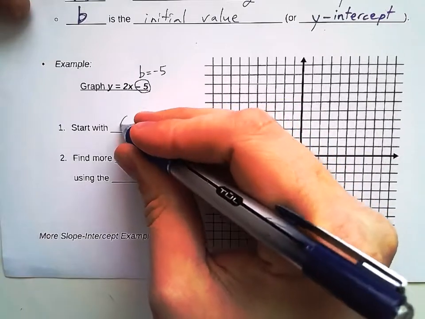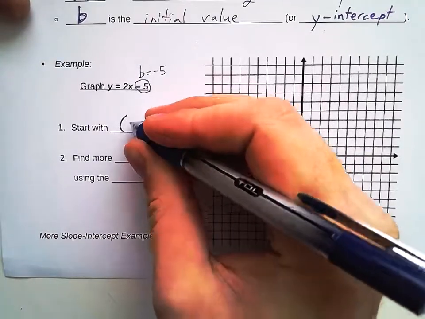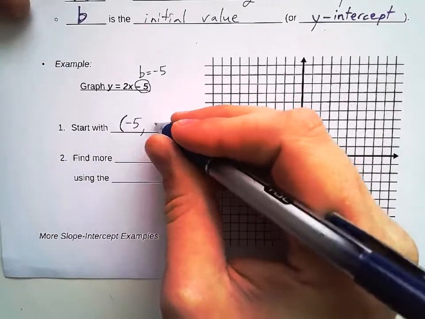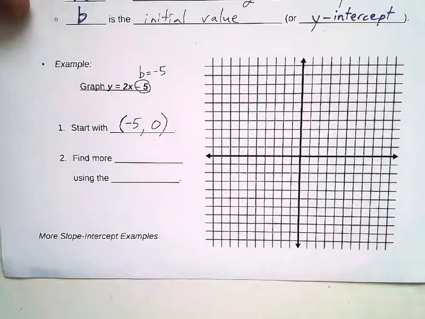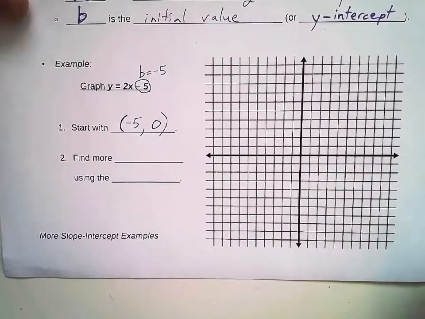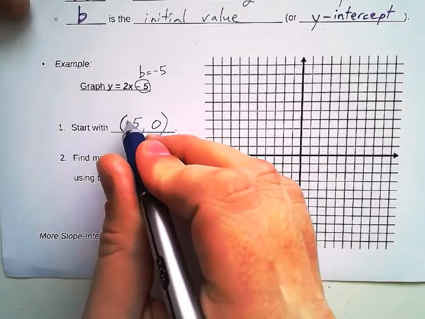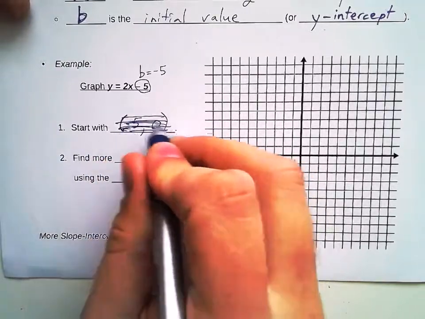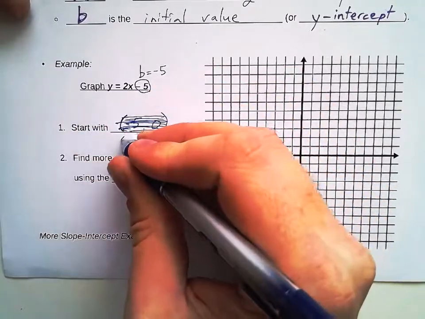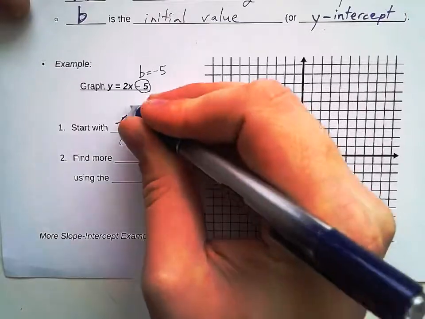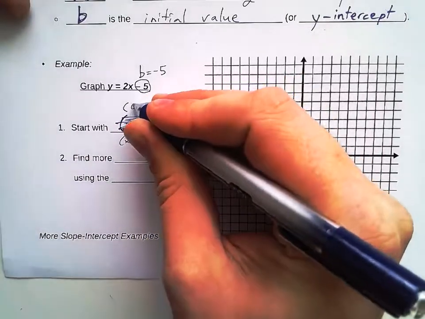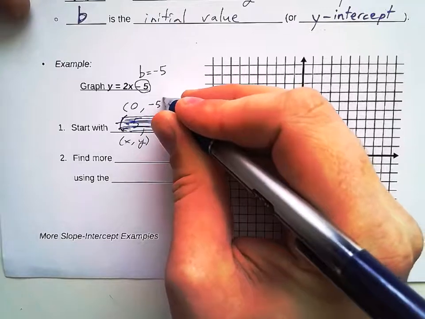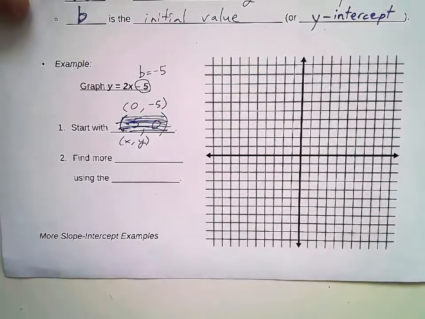That means it will go through the point negative 5, 0. Oh, my bad. It's x comma y. So 0, negative 5.